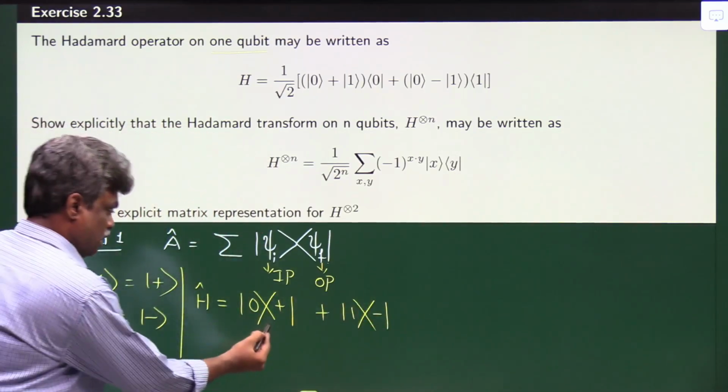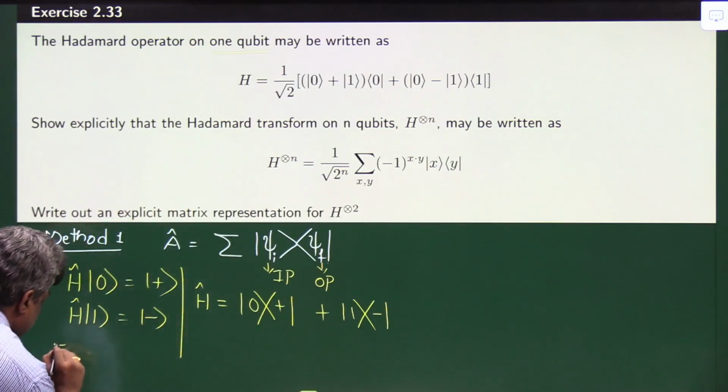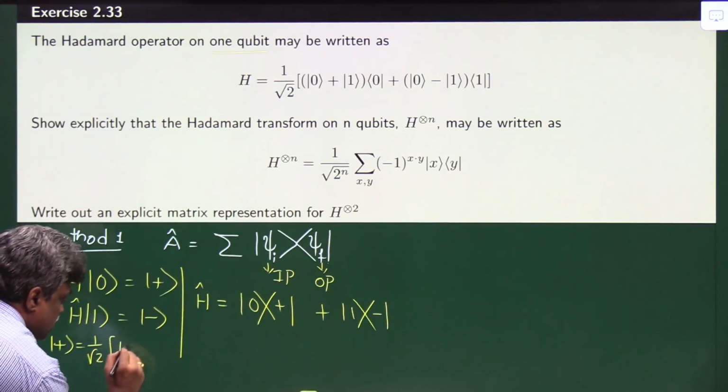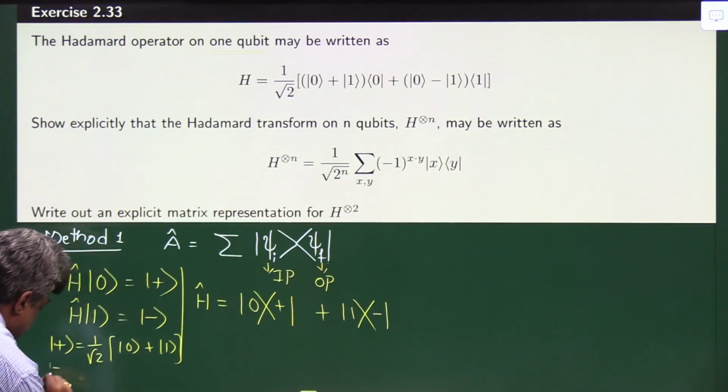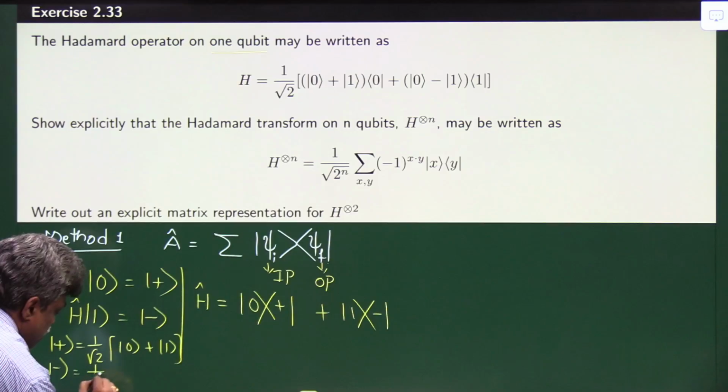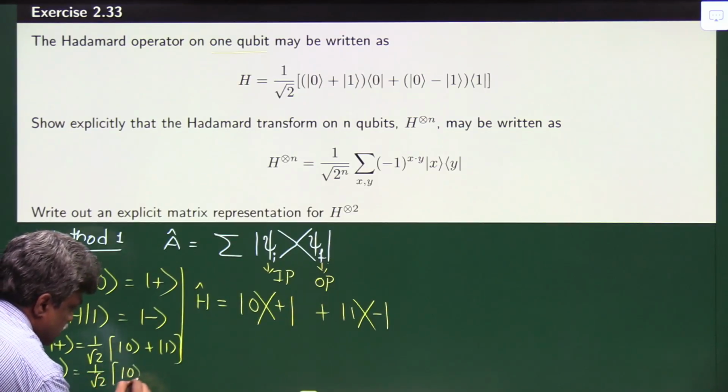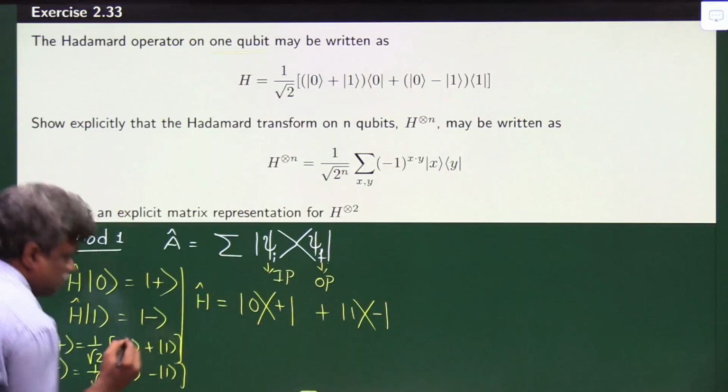I hope you know what plus and minus are. The diagonal basis states are nothing but linear combinations of the computational basis: plus is 1 by root 2 times ket 0 plus ket 1, and minus is 1 by root 2 times ket 0 minus ket 1.